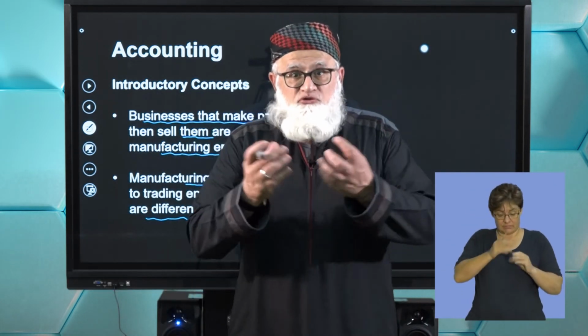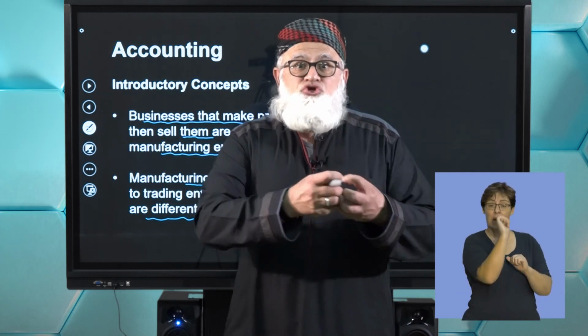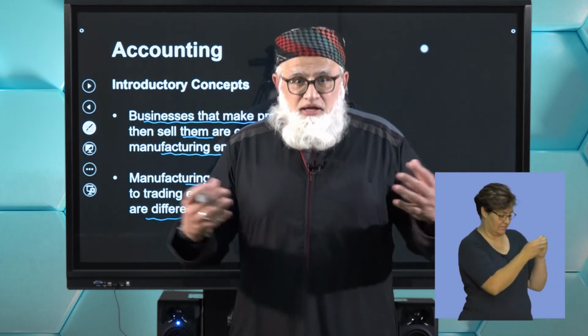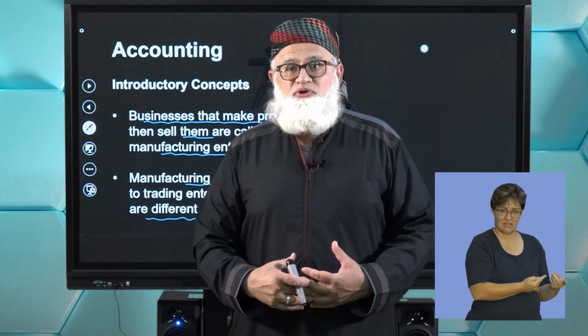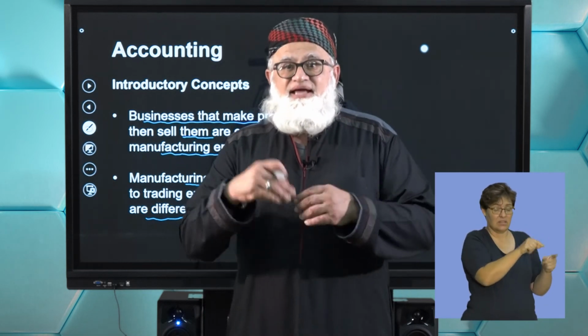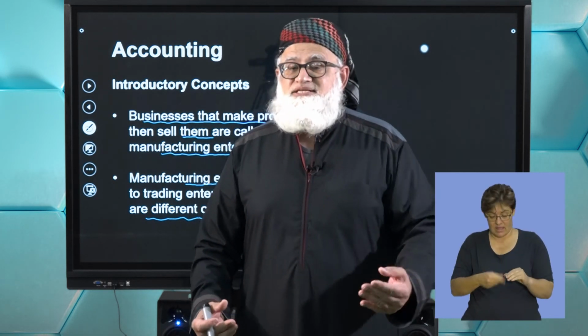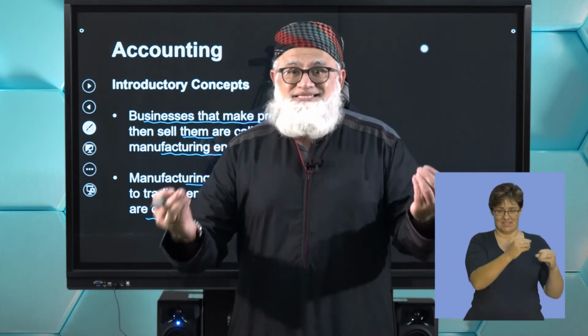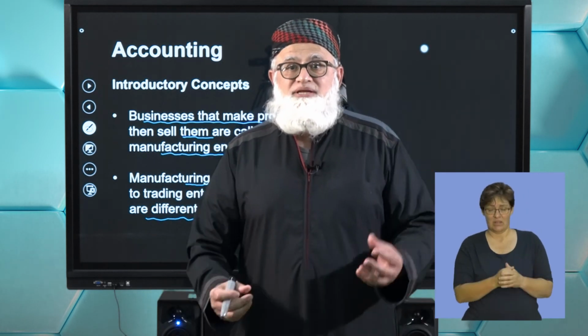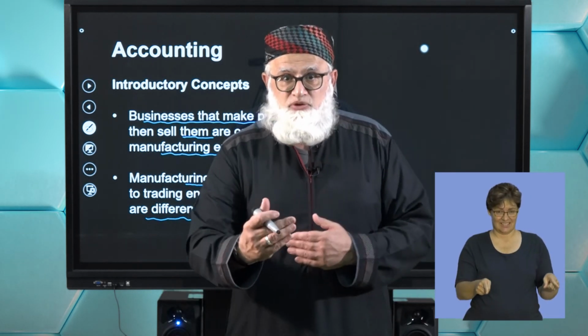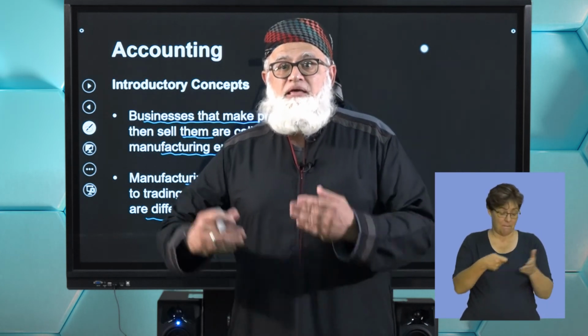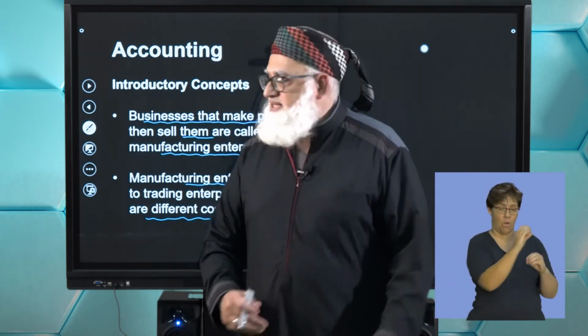However, your manufacturing concern produces the item with all its cost components and thereafter adds a markup and sells it. So you can clearly see a distinct difference between an enterprise dealing with buying and selling and a manufacturing enterprise.